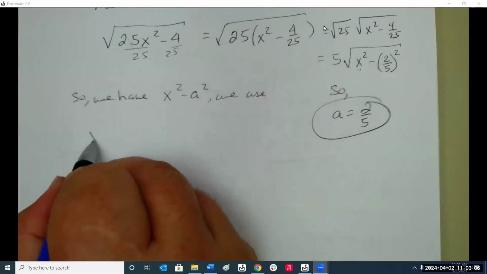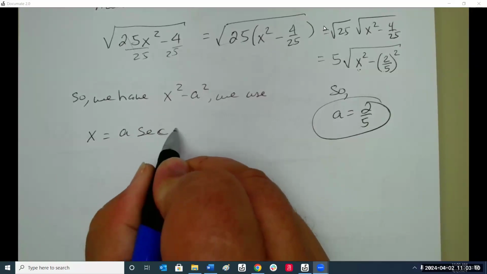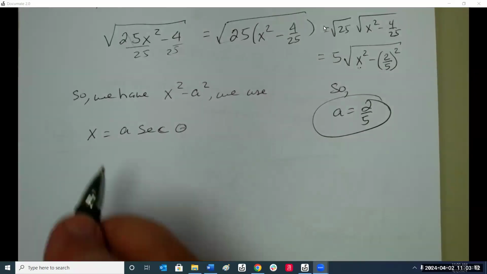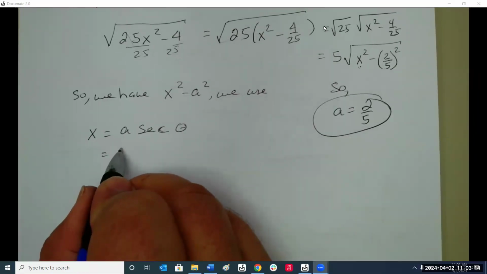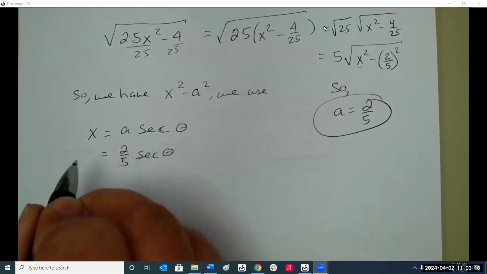We use x equals a secant theta, which is equal to 2/5 secant theta.